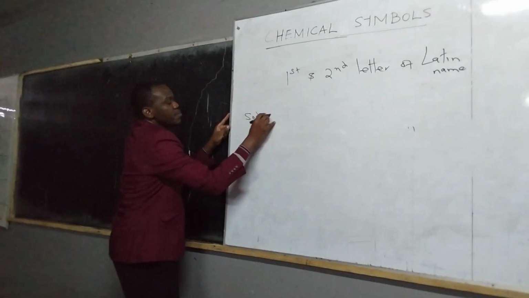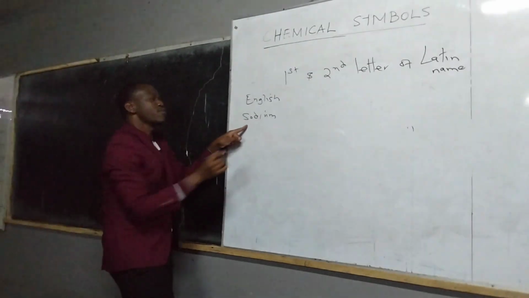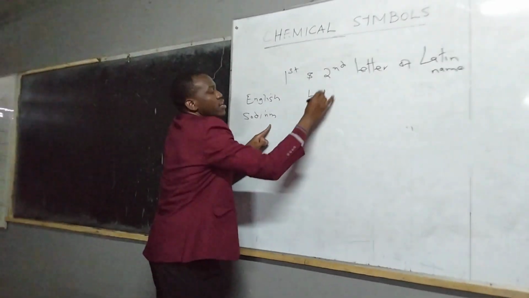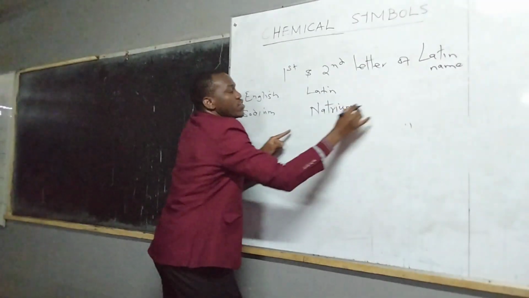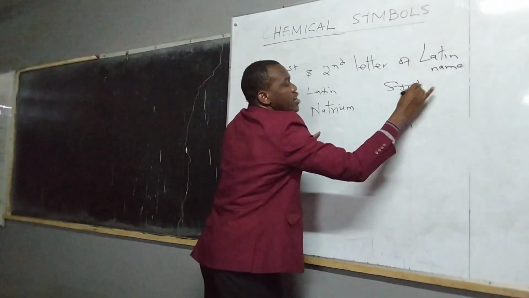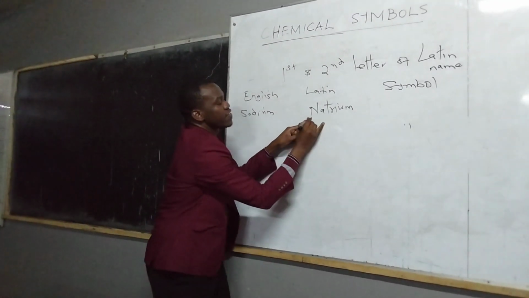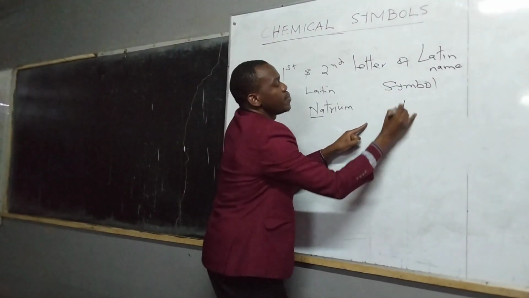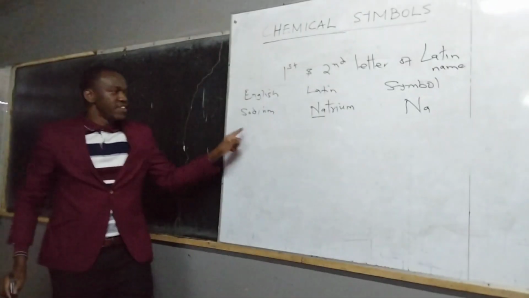Sodium is an English name. The Latin name for sodium is natrium. So we take the first and the second letter of natrium, that is Na. So the chemical symbol for sodium is Na. It's not S, it is Na.